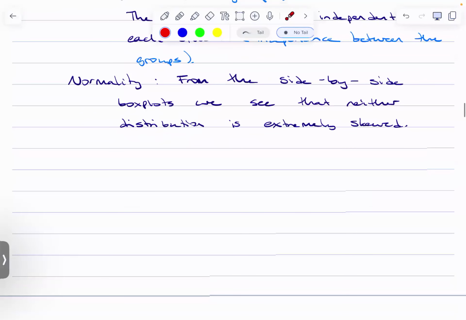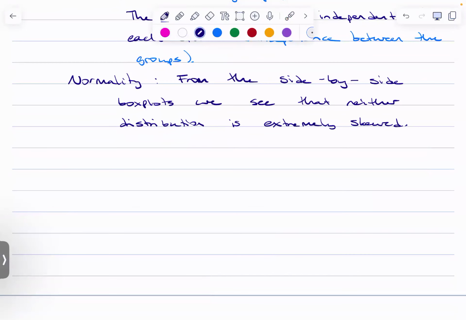All right. Now the actual hypothesis testing. Right, step 1 is state the hypotheses.